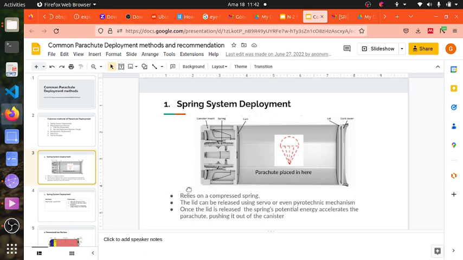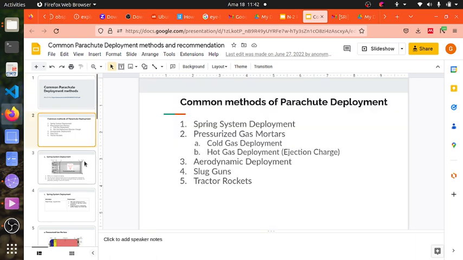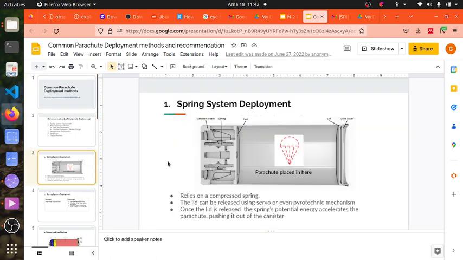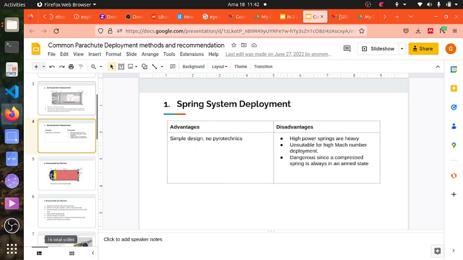This is by, okay, I can't remember the exact rocket team, but it was built. So this is the spring system deployment, and advantages and disadvantages you can go through.